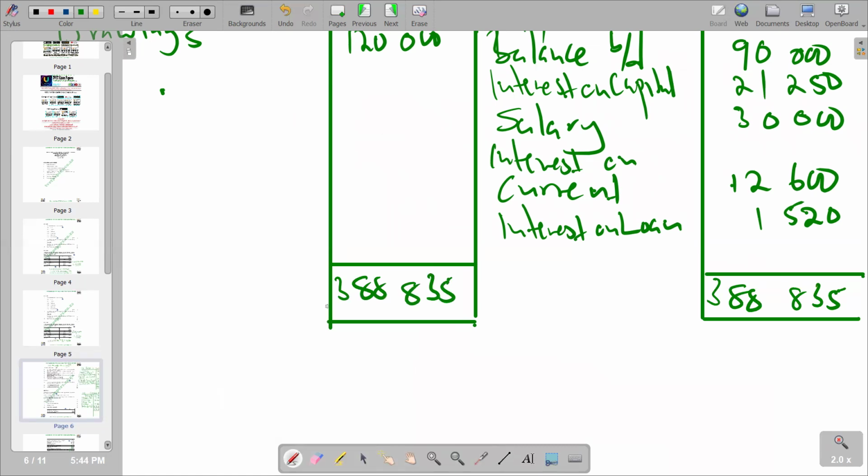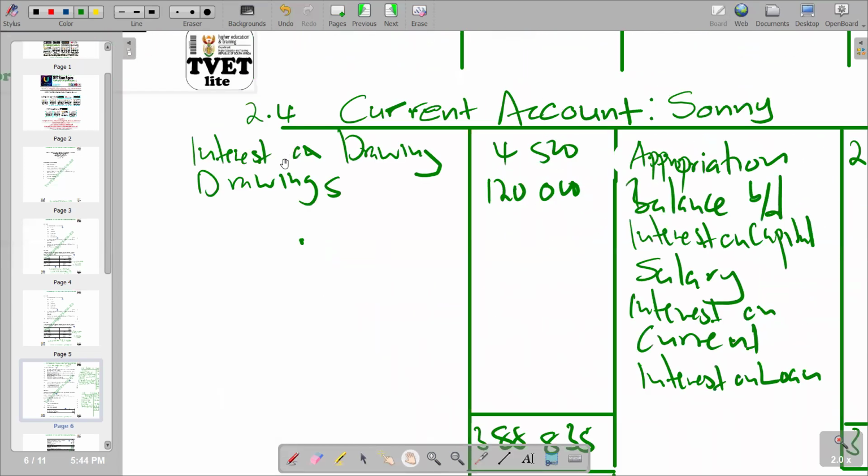And then the debit side is the smaller total where we have the balance figure, which is going to be our balance c/d. So if you say 388,835 minus 103,000 minus 4,500, the answer that you're supposed to get here is going to be 264,335.